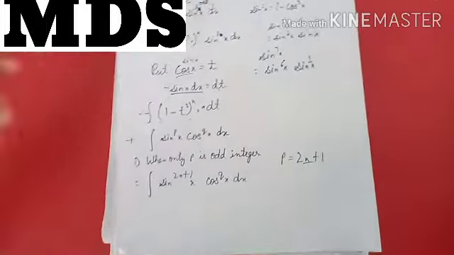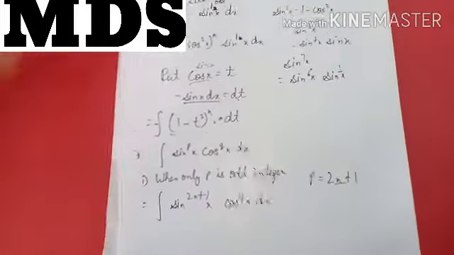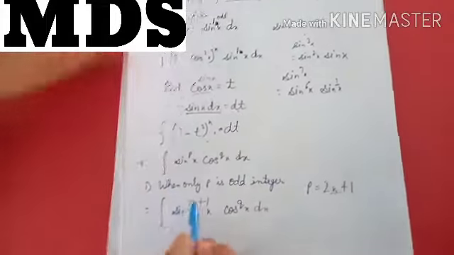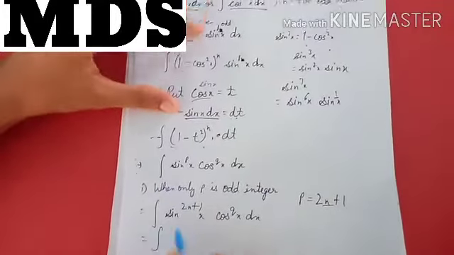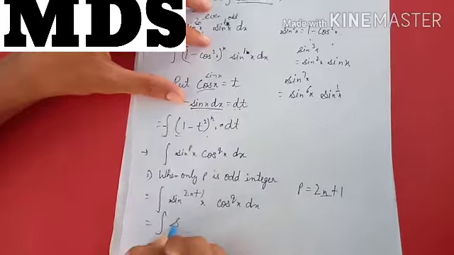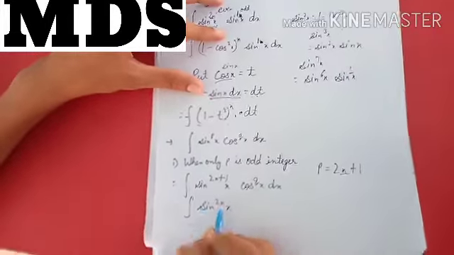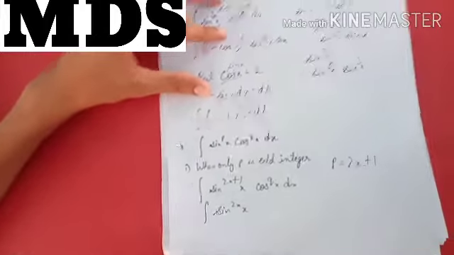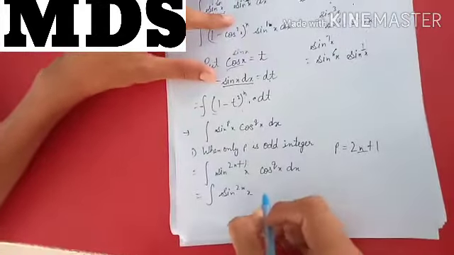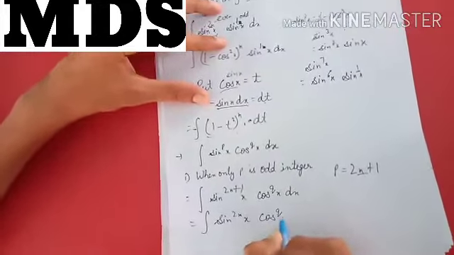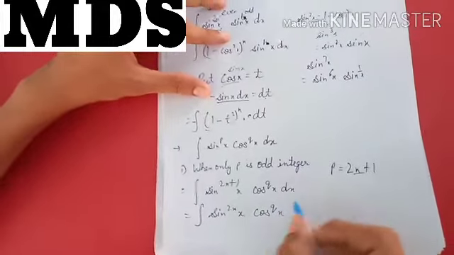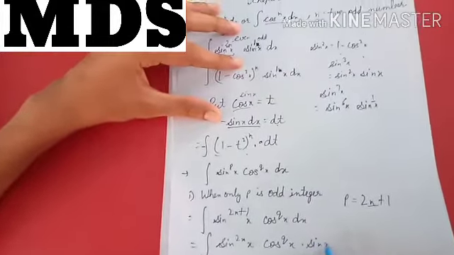For this type of question, again as in the previous one we have studied, we will use this basic. This will be written as sin x raised to power 2n into cos^q x into sin x.